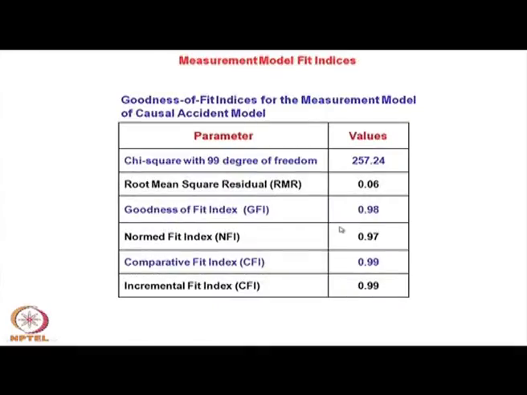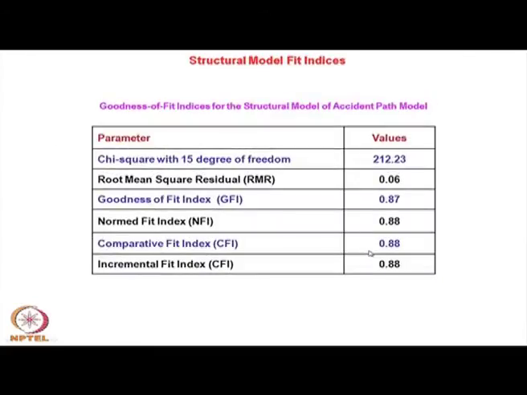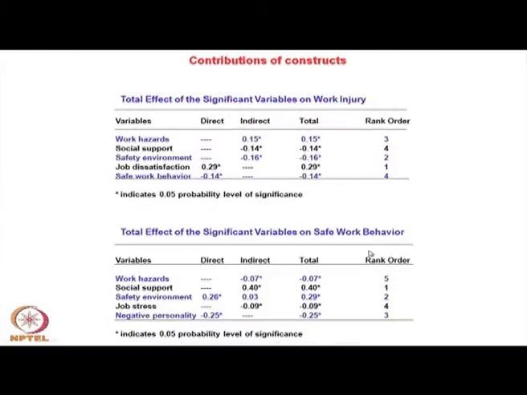Similarly, we have also seen that the measurement model also fits the data. So, that means my model fits the data very well, and then using this structural equation model you will also be able to find out the total effect, that is direct effect plus indirect effect, and based on the effect you will be able to rank the variables.